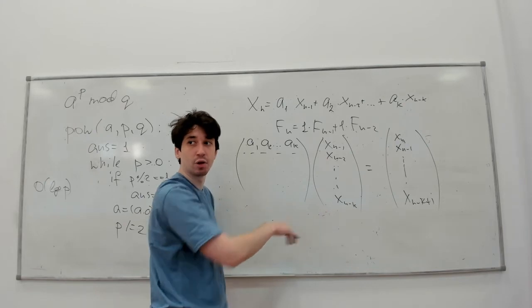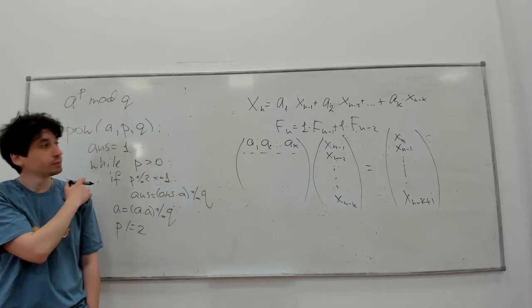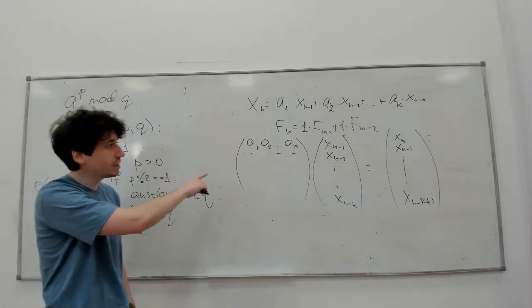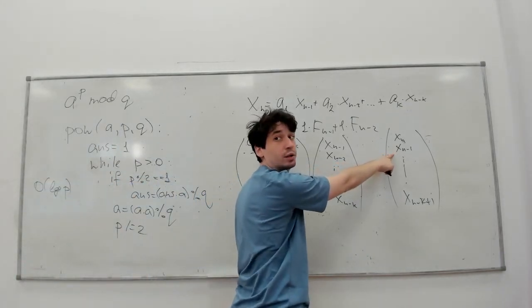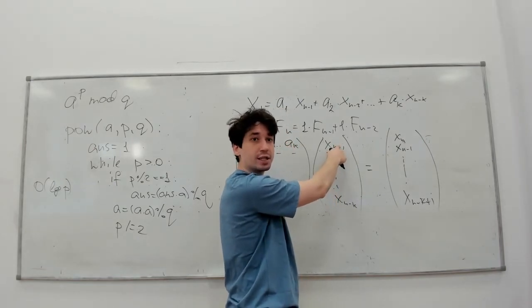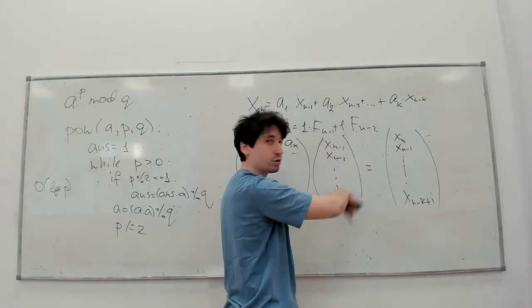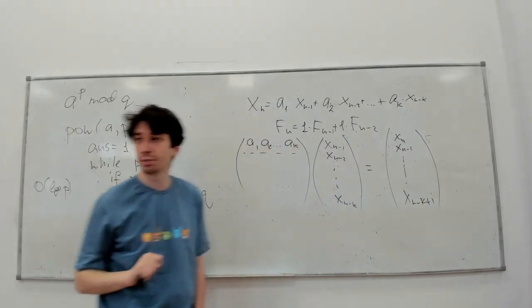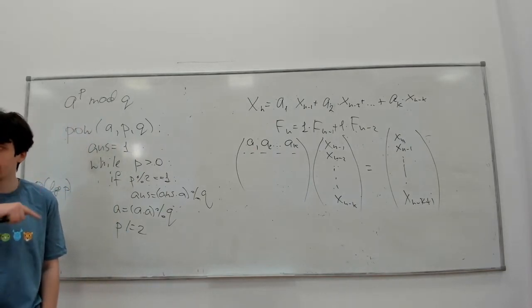Like, we already forgot about it. So we want to have xn minus 1 here, and we have xn minus 1 here. So it's just kind of to cut this element out of the whole column.